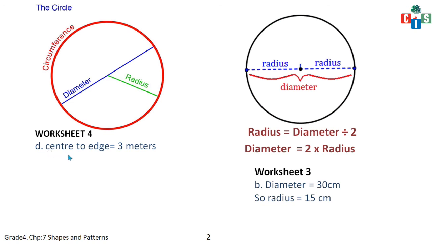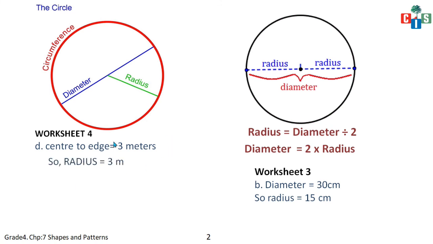Therein it is said that the center to the edge measurement is 3 meters from the center to the edge. It means this is the center of the circle and this is the edge. Edge means circumference, the boundary, the ending point. So from the center to the edge the length is 3 meters. So I will say the radius is 3 meters.